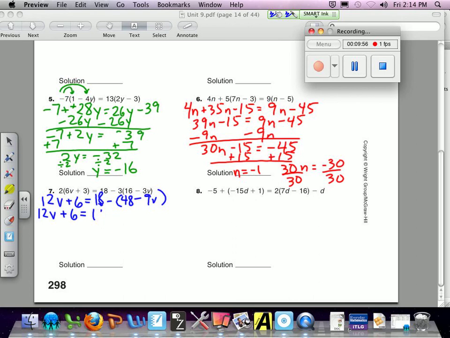More often than not, people jump right to thinking of it as plus a negative 3, and therefore making it negative 48, and then negative 3 times the negative 3v plus 9v. So you could write this first step, or you could think of it as plus a negative 3 times that stuff, and negative 3 times the 16 gives us the negative 48, and then the negative 3 times the negative 3v gets us a positive 9v.